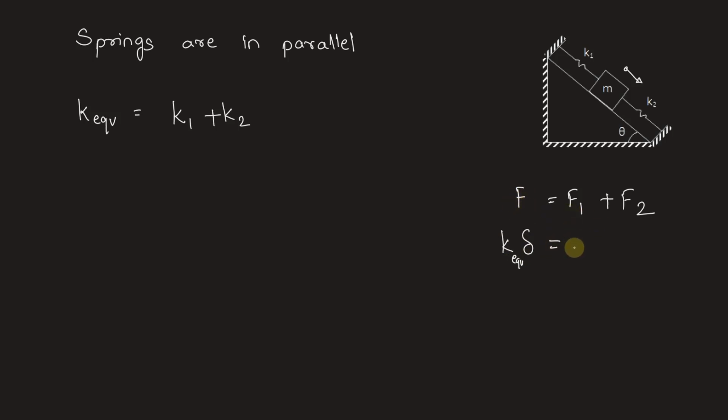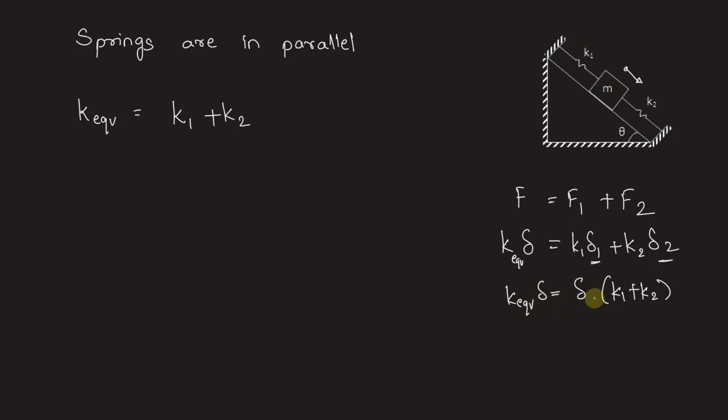This will be equal to F1 will be K1 delta 1 and F2 will be K2 delta 2. Now as the deflection is same for both the cases, we can take it common. So it is delta into K1 plus K2 is equal to K equivalent into delta.